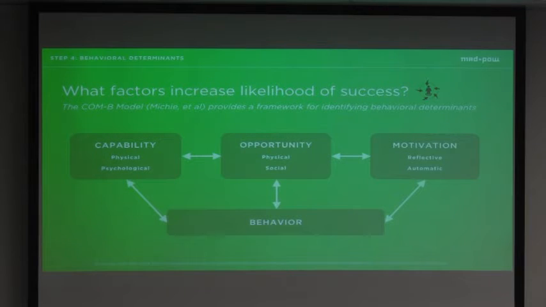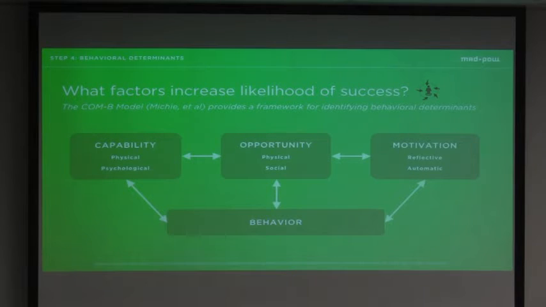So once we identify the sub-behaviors, we keep all this information in mind. What is the behavior? What are the sub-behaviors? Then we start thinking about the behavioral determinants, or specific factors that we want to address in our intervention. There might be different ways to address them, and a different set of behavioral determinants depending on many things, such as your target audience, and whether the behavior is modifiable or not.